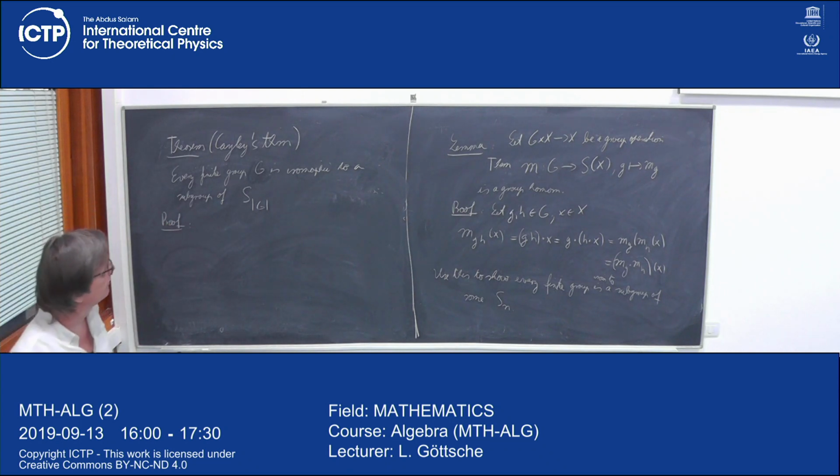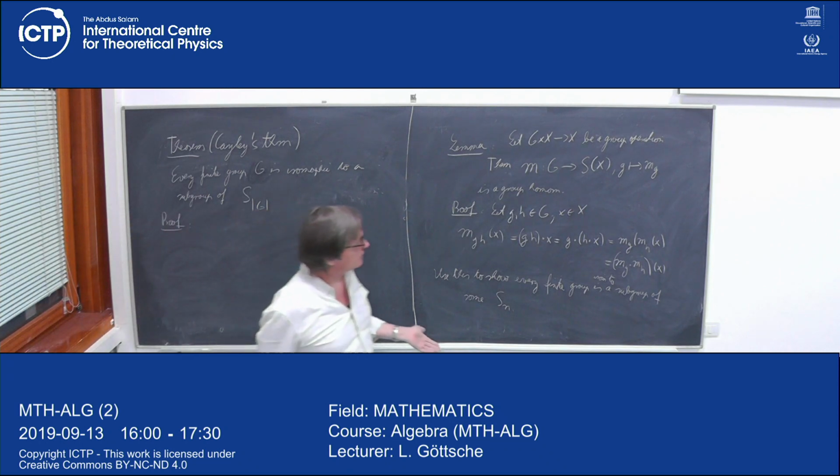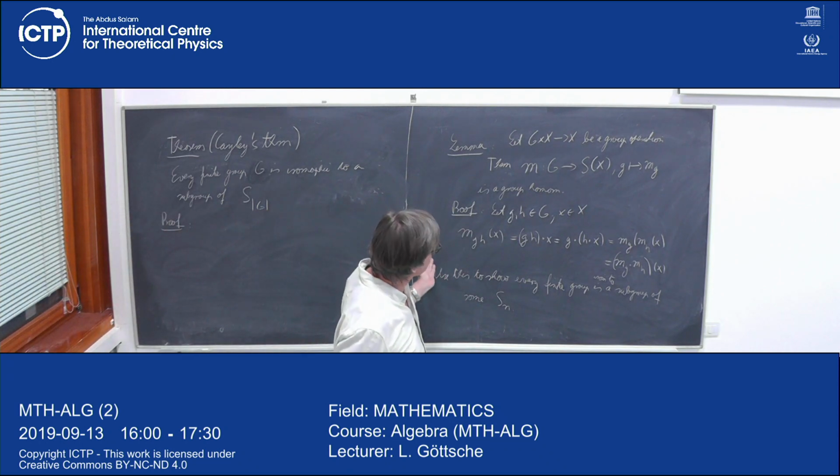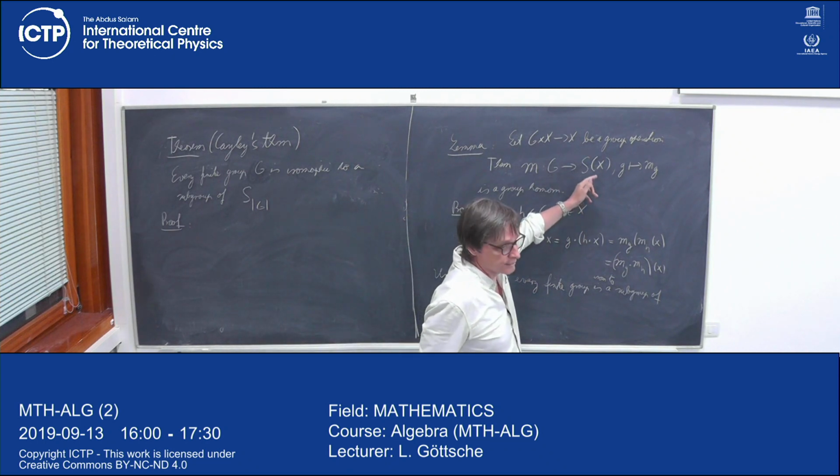So we want to use this result in such a way that this map from G to S(G) is an injective group homomorphism. It's a group homomorphism, but we need it to be injective.